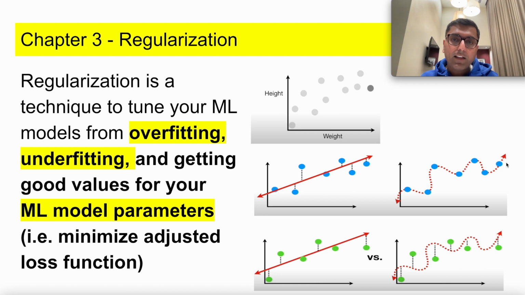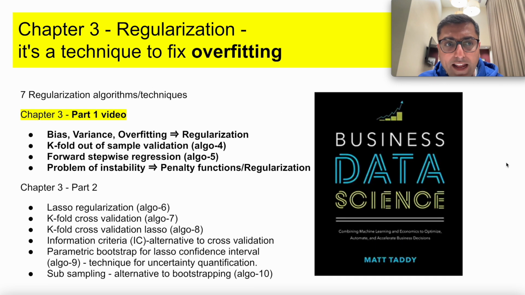Because if you just run a linear regression and you don't have the best parameters, or if you fit too much or too little, then your model is not as accurate as it could be. So that's what we're going to learn: various techniques. This chapter has about 7 different algorithms that it shares as to how we can use regularization to fix overfitting, underfitting, and get the best values for your parameters.